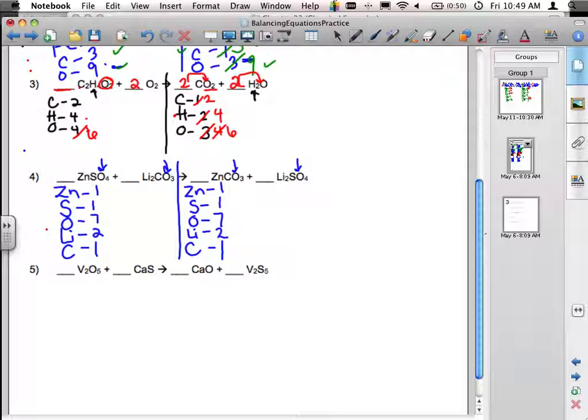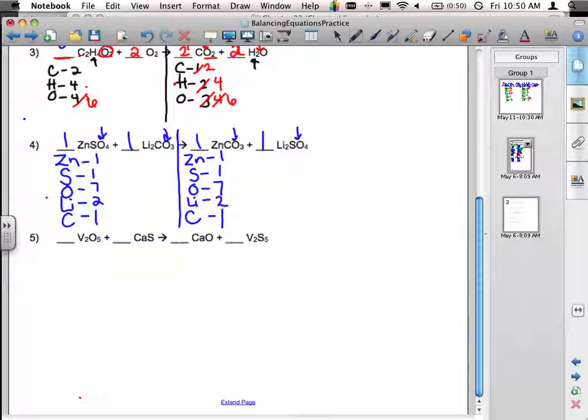You notice if you did your counts right, it's already balanced. Everybody see that? Yep. Okay. So again, you can put the ones in front, but they are not needed. Number 5.